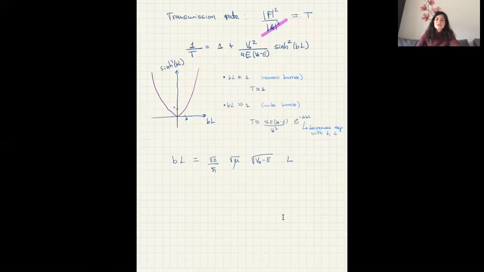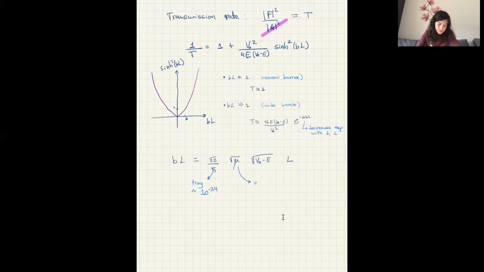So h bar is very small. This is tiny. It's kind of order of 10 to the minus 34. As soon as the mass is large, then BL is going to be larger. And then we see that the transmission coefficient will decrease exponentially with B, so in particular with the mass. Okay, so this means if you have a very large cat, it cannot go through the wall. Only very small cats go, which is why we don't see quantum tunneling when you throw a ball at the wall, for example. Right?